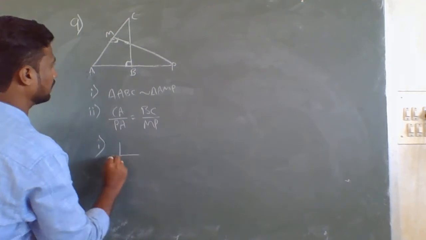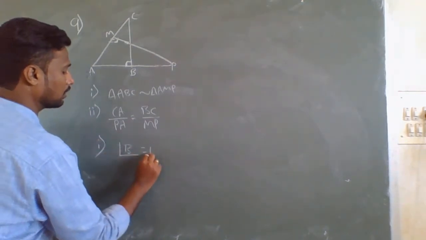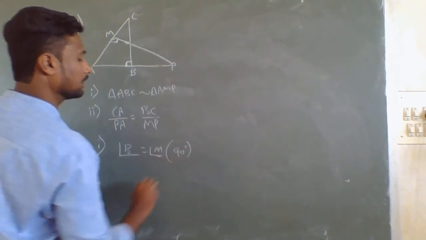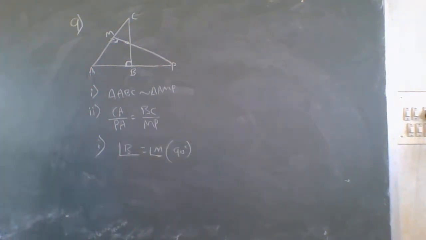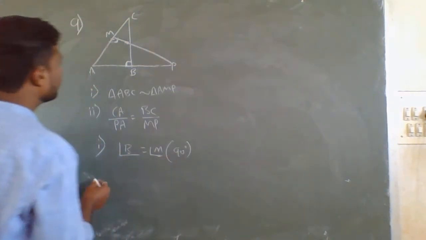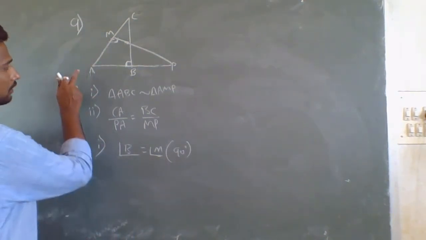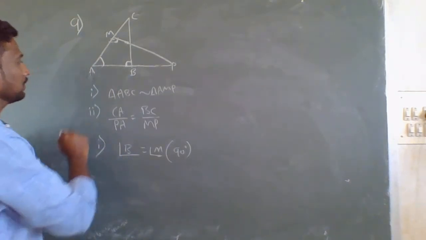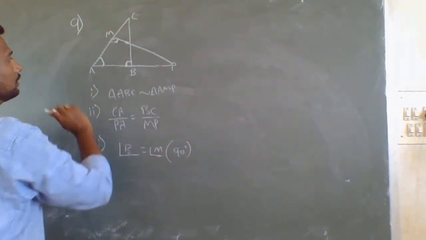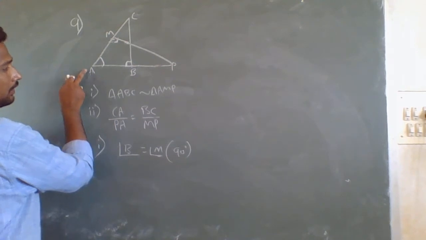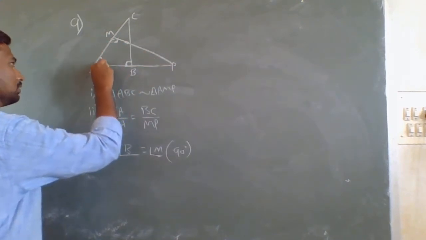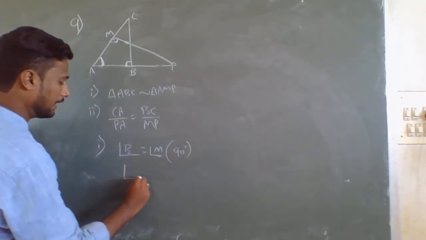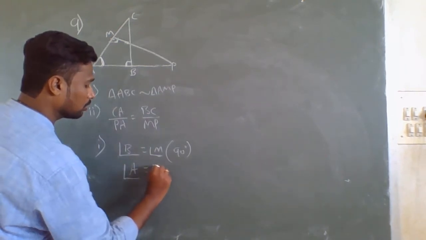Therefore angle B is equal to angle M, because each angle is 90 degrees. Again, angle A is common in both triangles.